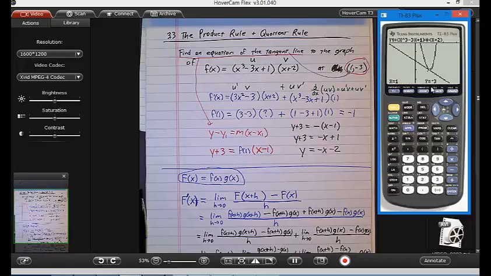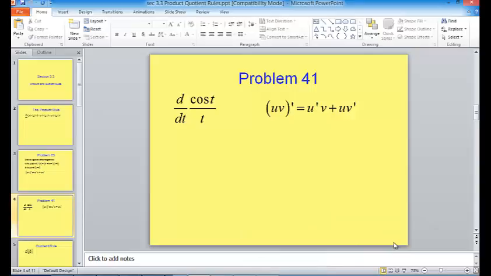So let me write down f of t. Here, f of t is the cosine of t divided by t, right? But if I want to use the product rule, I have to rewrite it. So how am I going to write it?